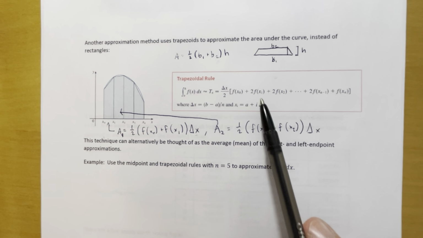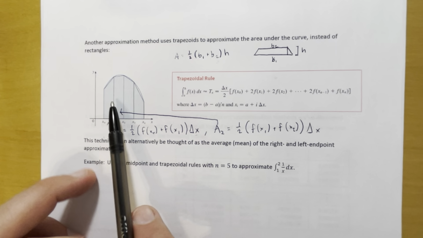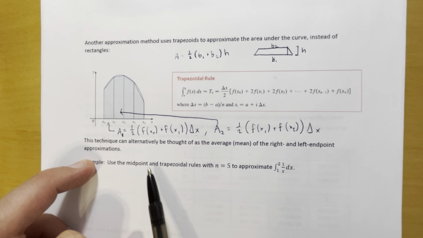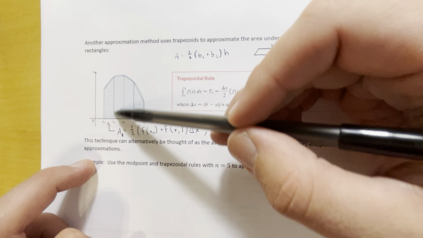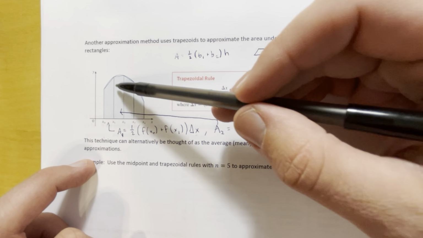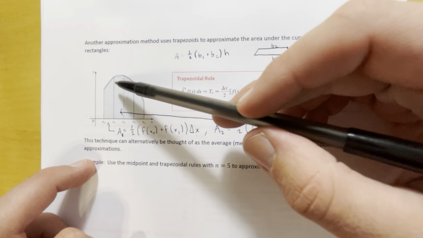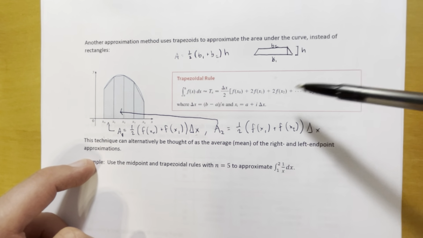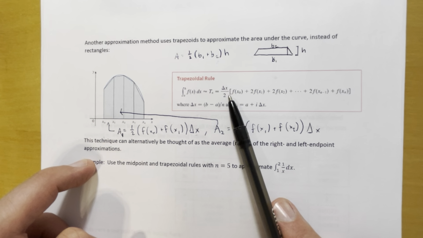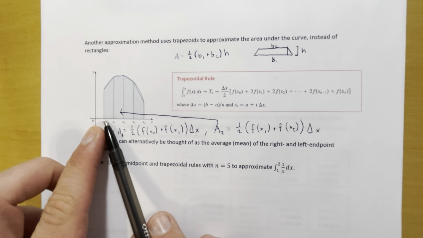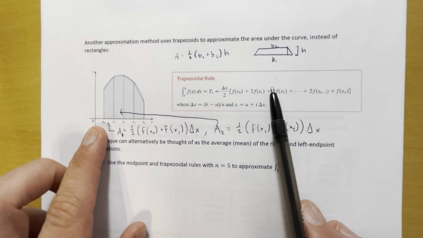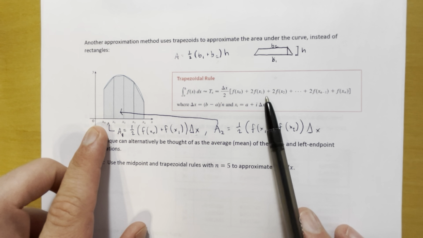In fact, you can see that same thing is going to happen for all of the shared sides of these trapezoids, because if you look at all of the sides that are interior to this area, each of those is being used by 2 trapezoids. So with the exception of f of x0, this furthest left endpoint, and f of xn, this furthest right endpoint, we're doubling all of these f of xi's.